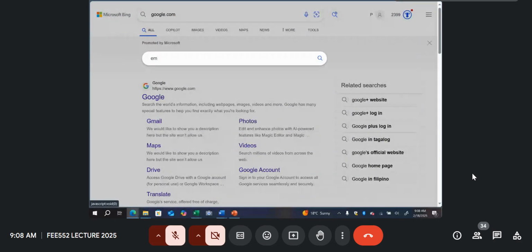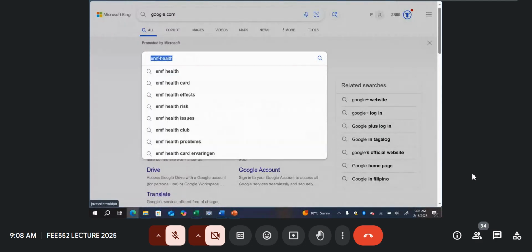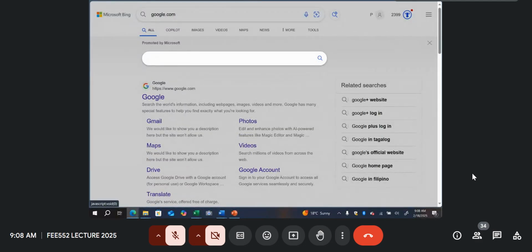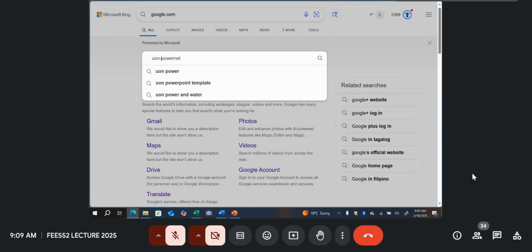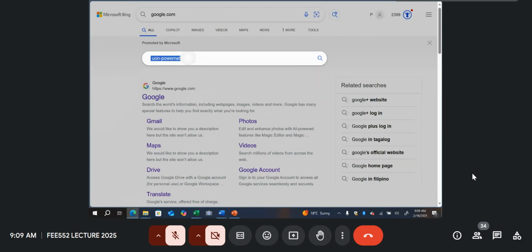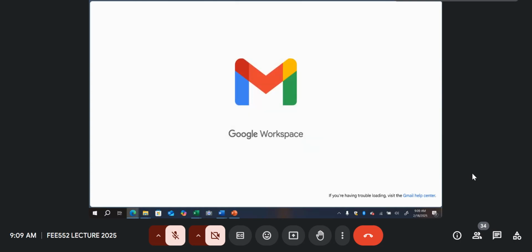Let me see if it's here. EMF health. UN, I think it's UN PowerNet. Now the tablet isn't responding. Not that.